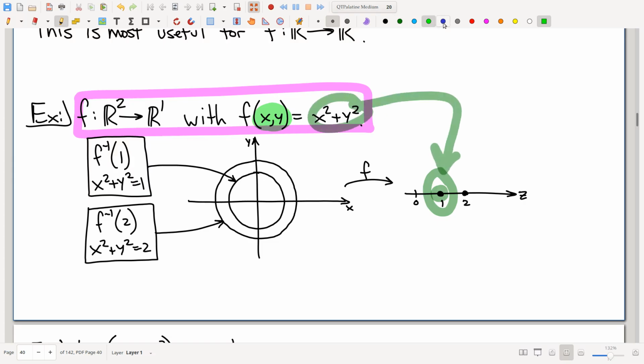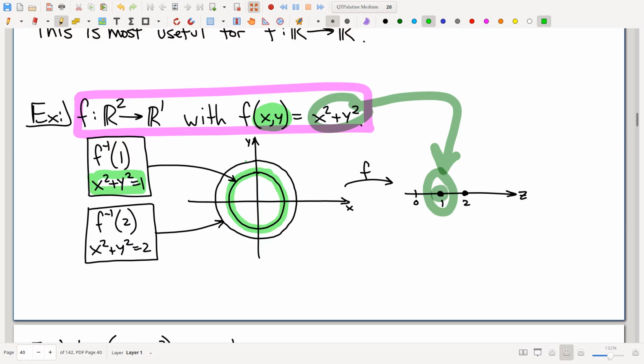And I think you can persuade yourself that what I would need is points where x squared plus y squared is 1. In other words, I need points on that circle. So this is a first example of a level set. Given the output value 1, the corresponding level set, pre-image we call it, is that circle.